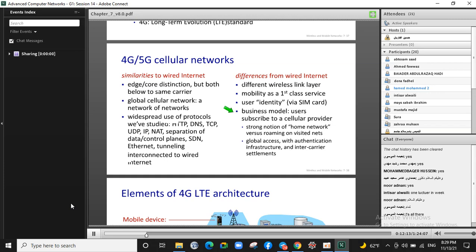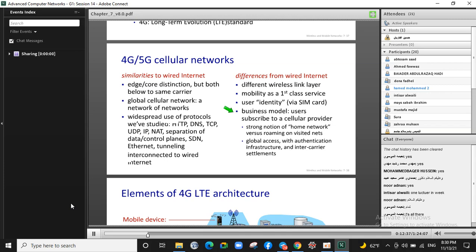That SIM card makes clear who I am. So my identity is my SIM card, and I can be known in the network using that SIM card.